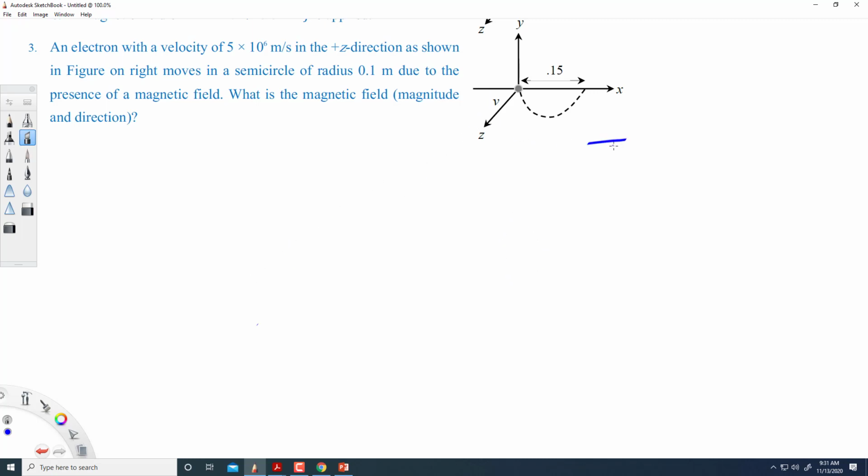So we want to find magnetic field B that produces this circular track. We know R, the radius of the circle. We are only given half circle here, but it will make a complete circle.